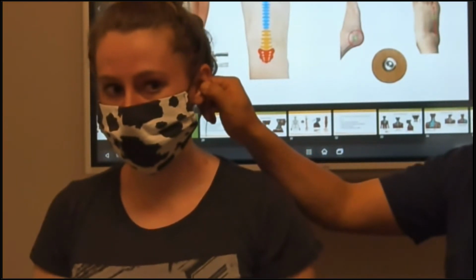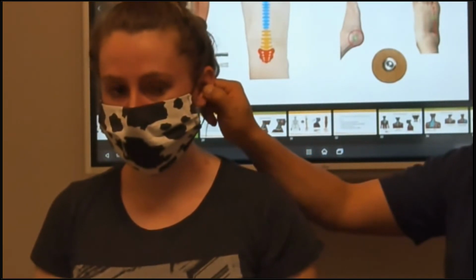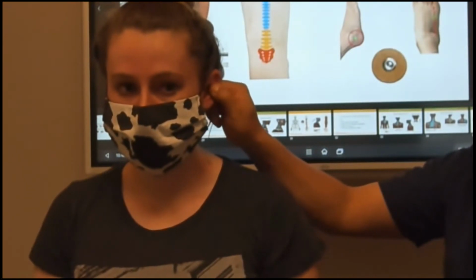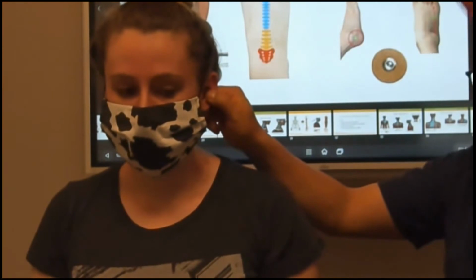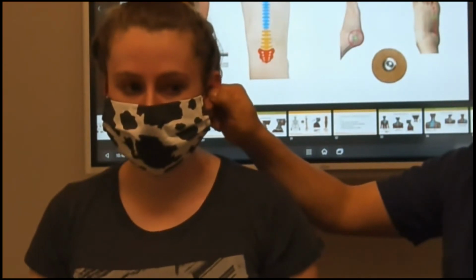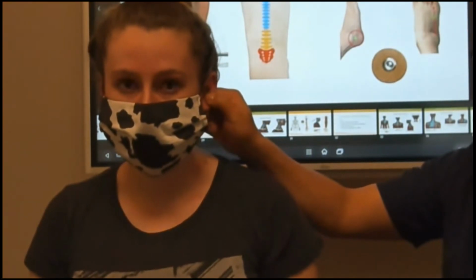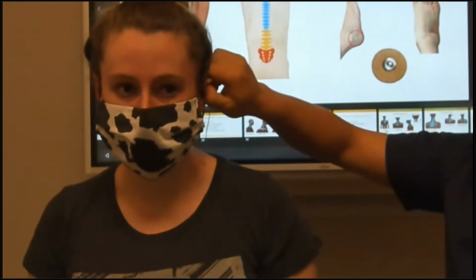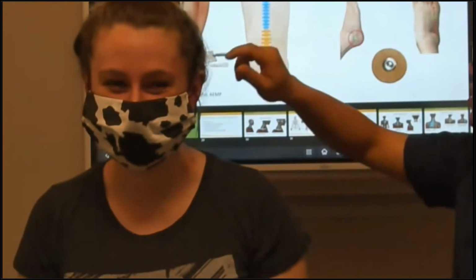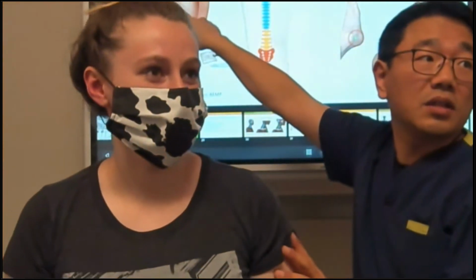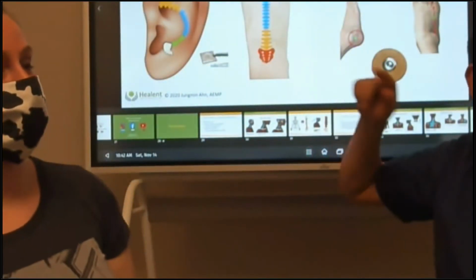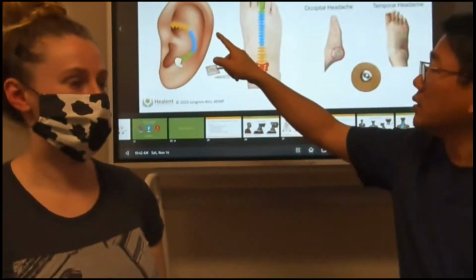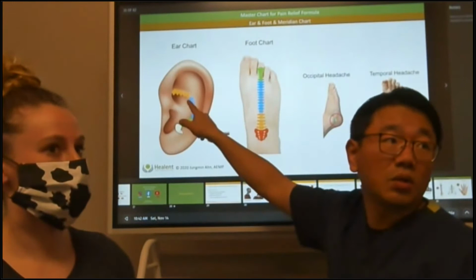So these are things that you can do when you drive, when you wait for the traffic light, and you can use this one. And your low back is tight too. Could you zoom out again? So this area is your lower back.